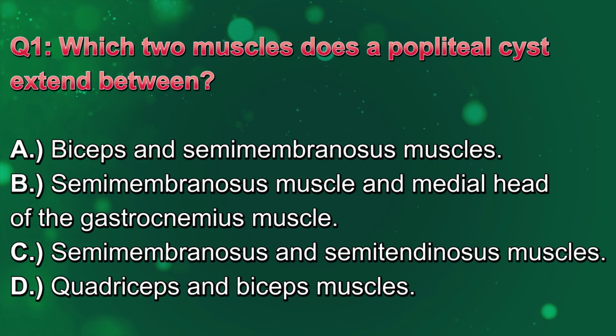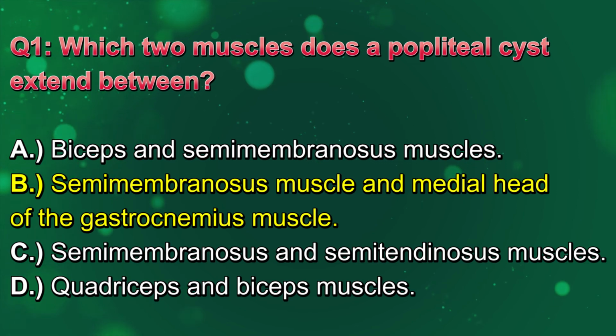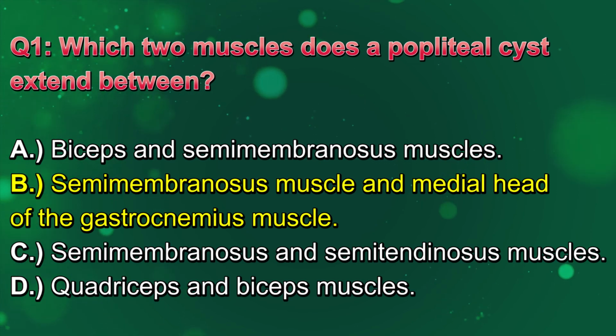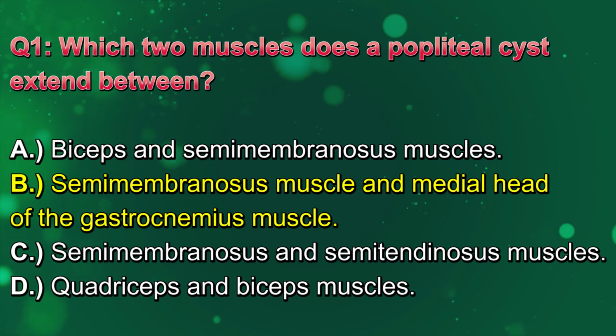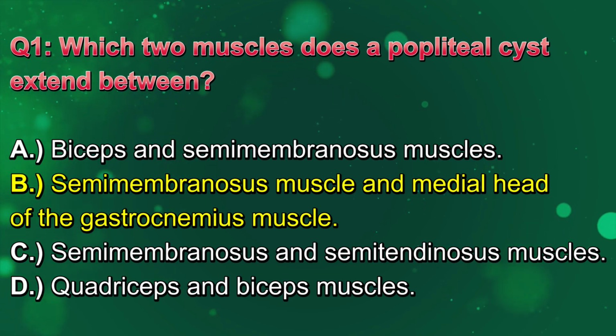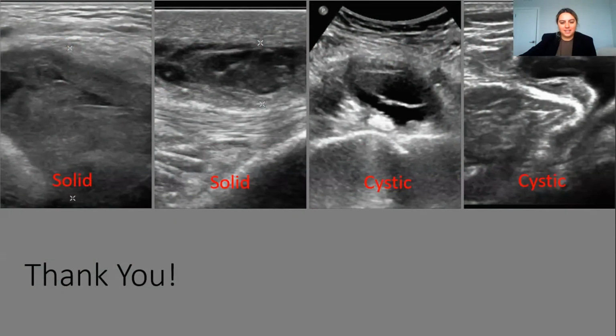Right, here are the results, if you would like to comment. Great. It seems like most of you remembered that bakers make M&Ms, medial head of the gastrocnemius and semimembranosus. All right.